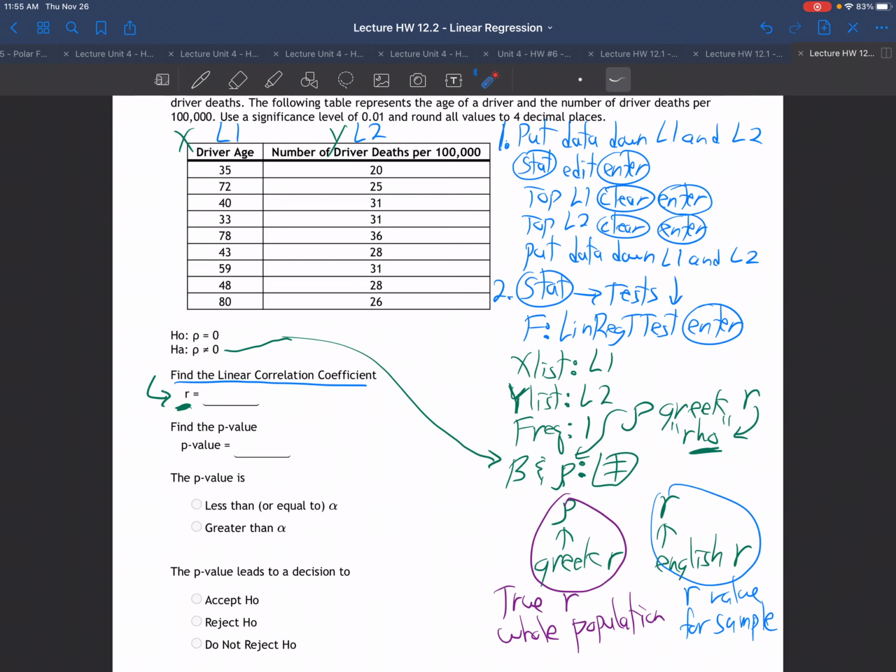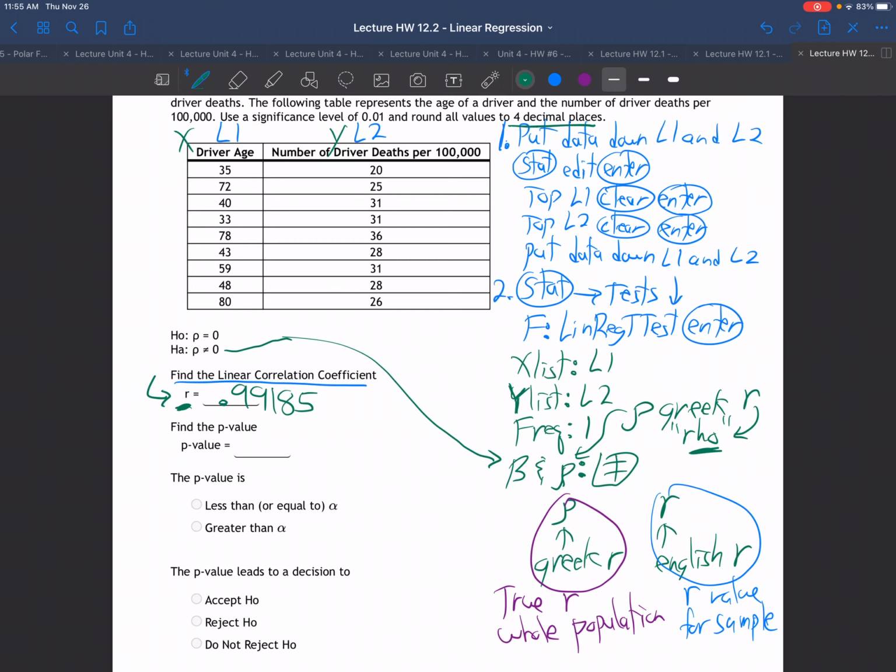All right, so find the linear correlation coefficient. On your calculator, after you finish doing this, you go down and hit calculate. It will tell you an R value. Roll on down. What I just got for mine is R equals 0.99185. I don't know how many decimals they want. Oh, four, huh?